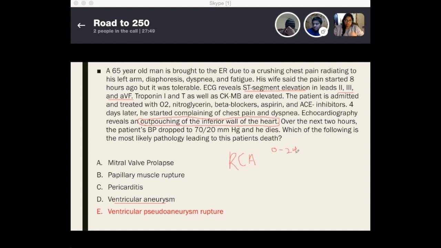So in this case, you're going to look for ventricular arrhythmias or heart failure or cardiogenic shock as the complications that you would see. Between 1 and 3 days, some sort of pericarditis? Correct. So post-infarction fibrinous pericarditis. So that would be this answer right here, which is why this is not true because this happened 4 days after.